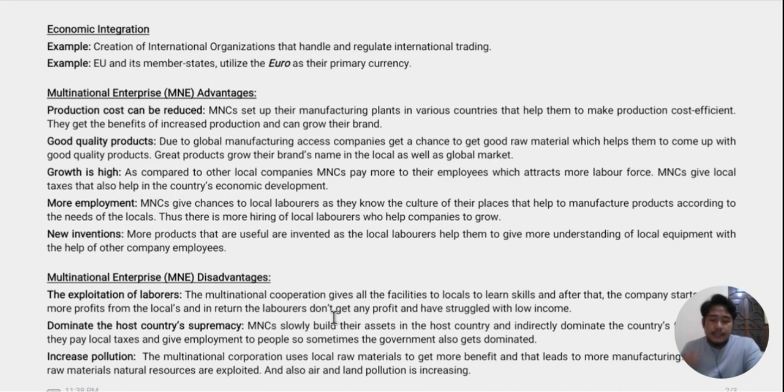Third is that it increases pollution as MNEs use local raw materials to get more benefits, and as they manufacture them, as they grow, more natural resources are used and sometimes exploited, and the manufacturing processes sometimes also contribute to air and land pollution.